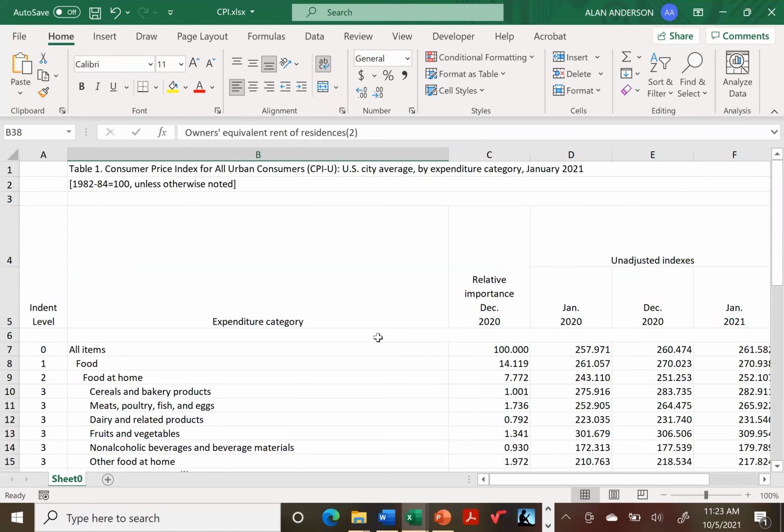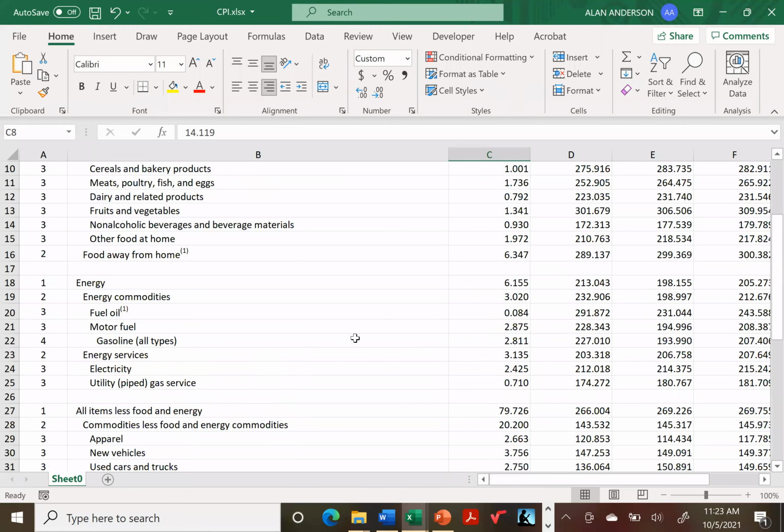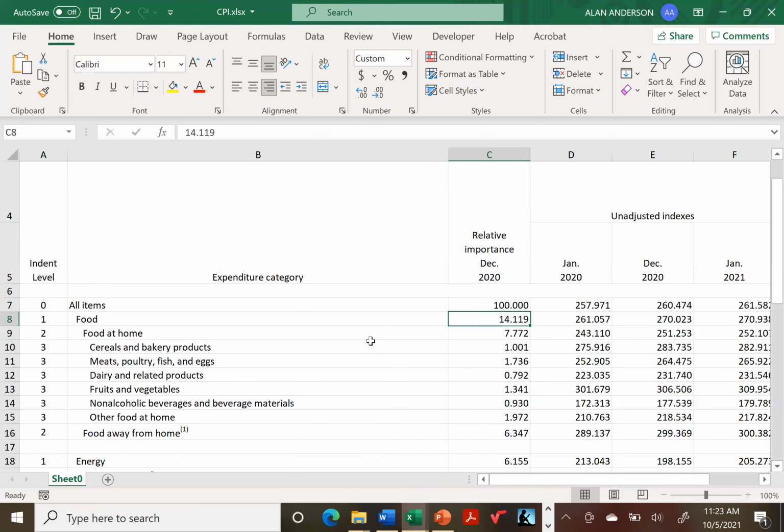Now, these are the percentages. These are not the actual values. They're telling you here how much they assume you're spending on these different items. So in other words, the typical urban family of four is spending roughly 14.119% of their money on food every year. And so when you take these numbers, these relative importance, which are called weights, you multiply them by the actual cost of buying these products, and you end up with the cost of the basket for that year.